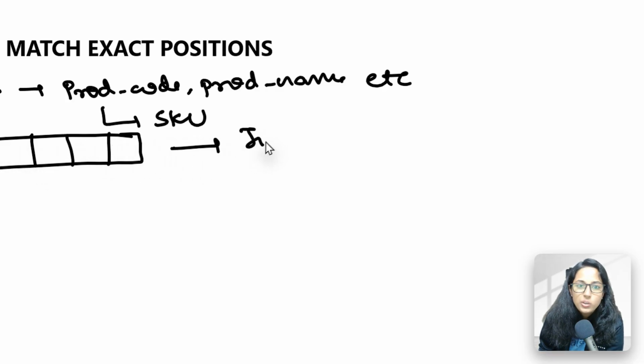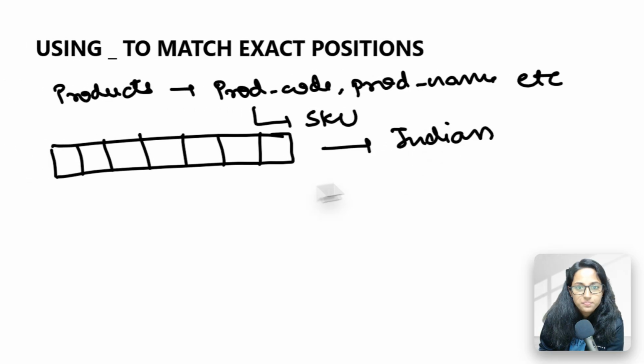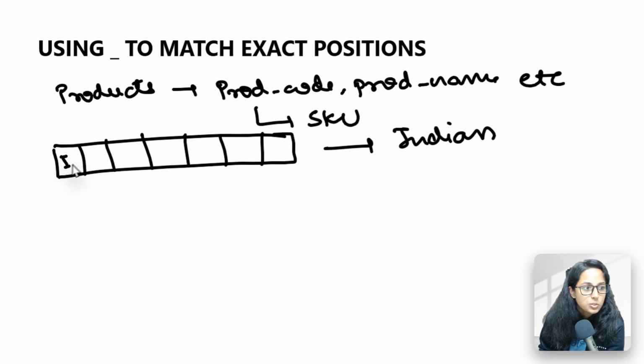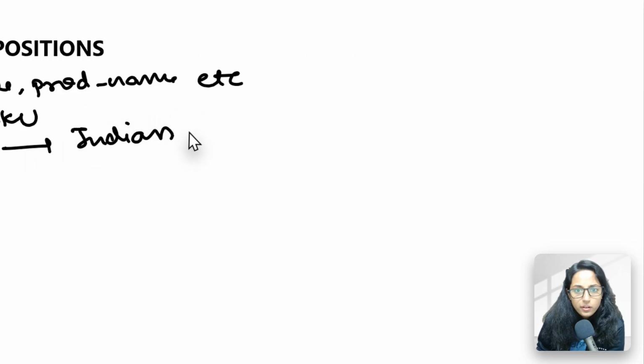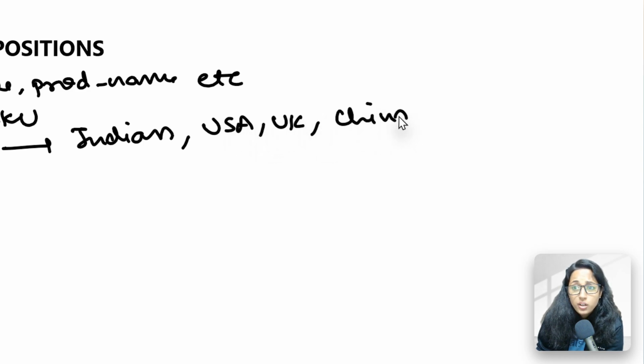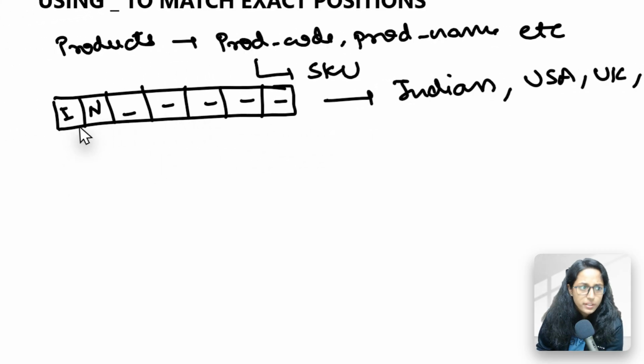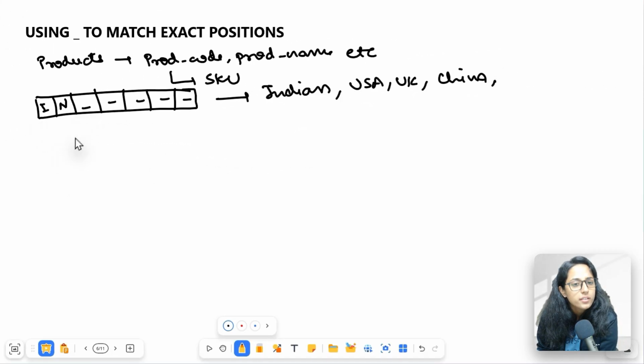We are dealing only with Indian products, so let's assume our first characters are IN and the rest can be any integers. We can have other USA products, UK products or Chinese products, any of the products. But we are interested in fetching the details about our Indian products.